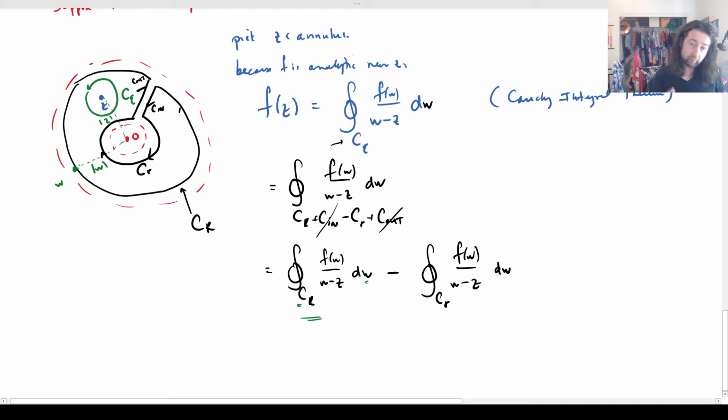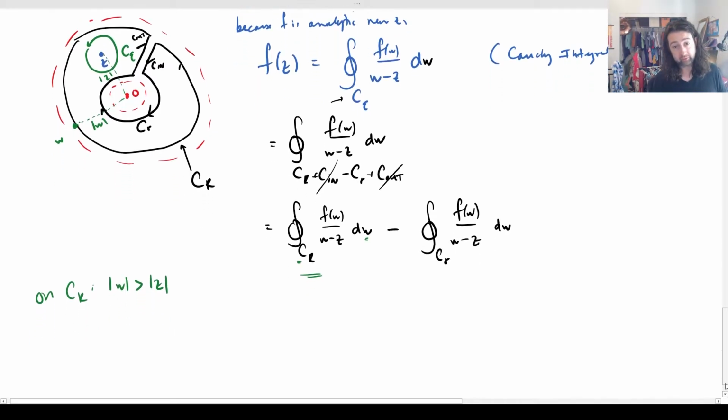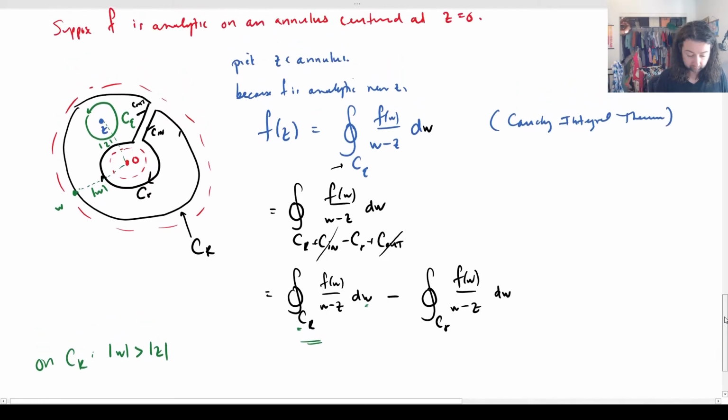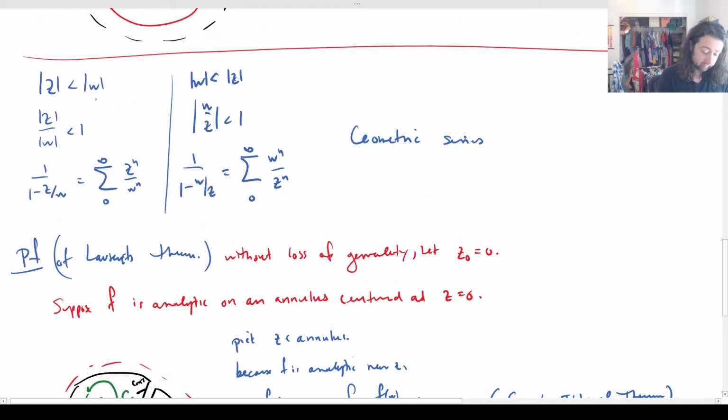So notice that if we are trapped on C_R, we have the absolute value of w is bigger than the absolute value of z. But that means that we're going to be able to use the geometric series argument that we said at the beginning, right? If the absolute value of w is bigger than the absolute value of z, then if I could find myself a 1 minus z over w, I could replace it with the sum of z^n over w^n.